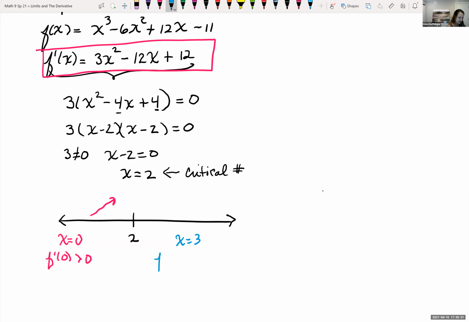If we plug 3 into the derivative, so f prime of 3, we get 3 squared is 9 times the 3 in front, so that's 27, minus 12 times 3, so that's 36, plus 12. 39 minus 36, that's going to be a positive number.